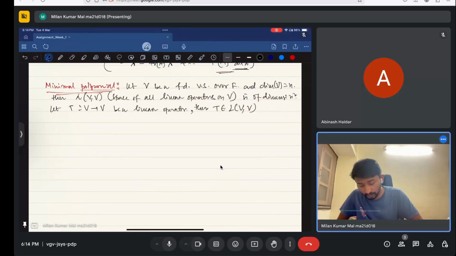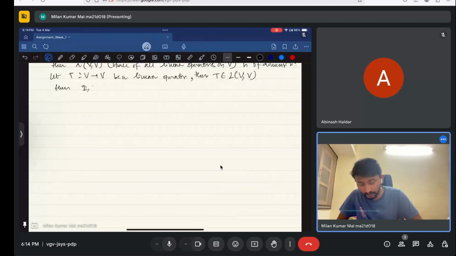Then clearly the set identity, T, T square, all the way to T to the power n square, contains n square plus 1 elements of L(V).